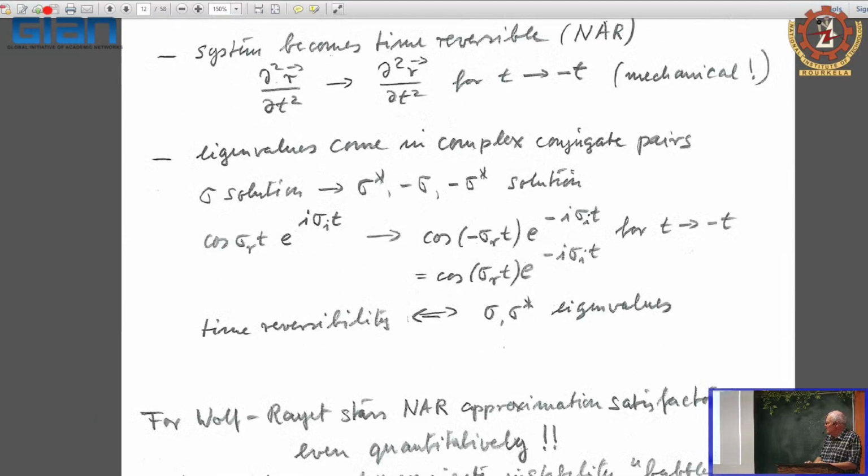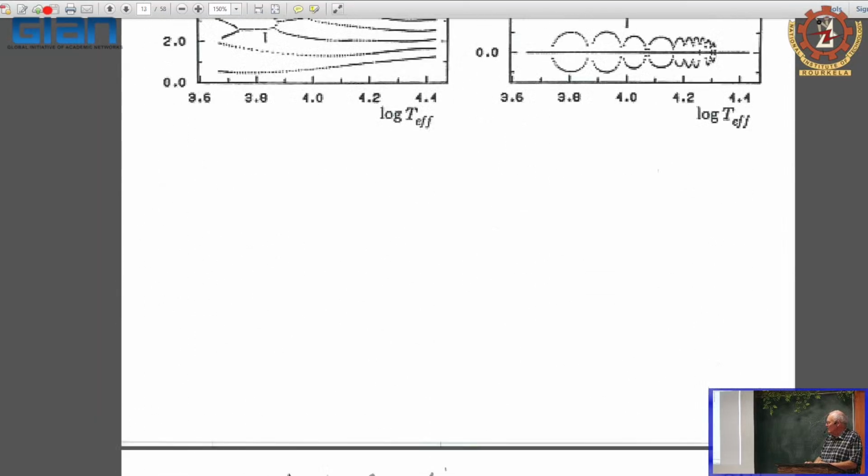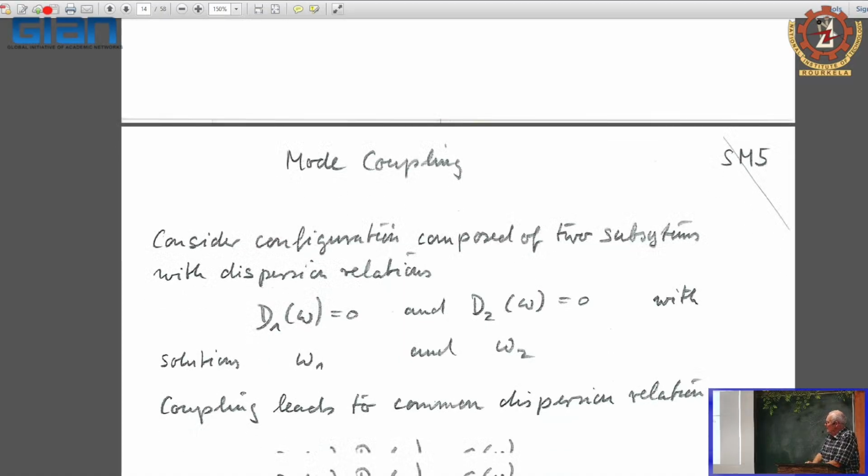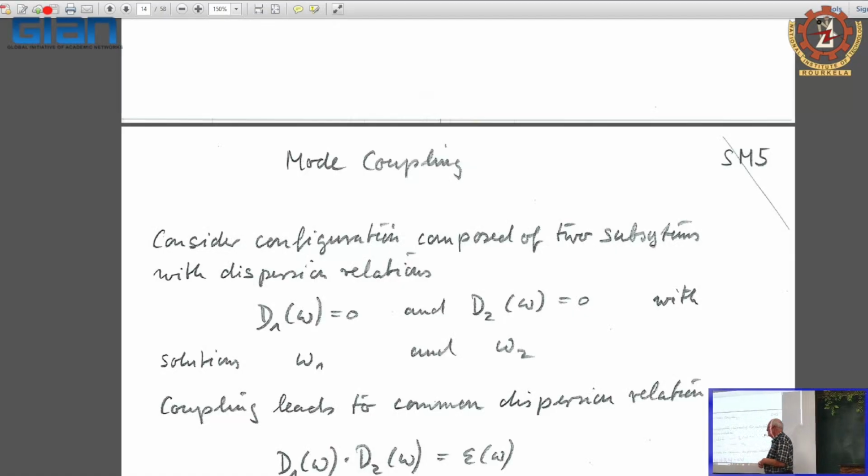So we consider the coupling or the resonance or the interference of two modes. The observed crossing of modes gives rise to an investigation of mode coupling. So consider two configurations or two sets of modes which interact with each other. We have two subsystems which formally might be described by two independent dispersion relations.